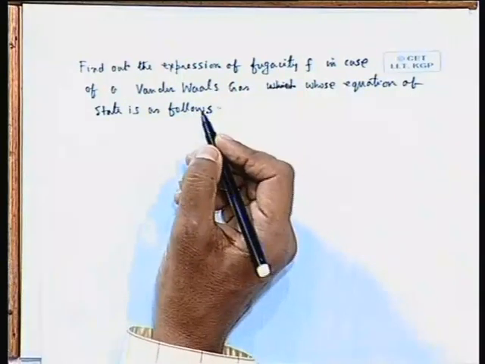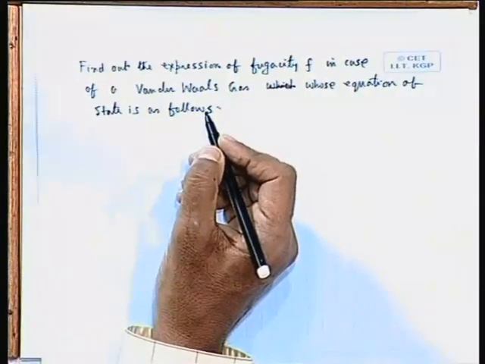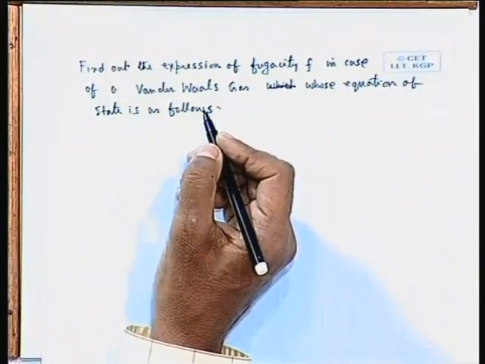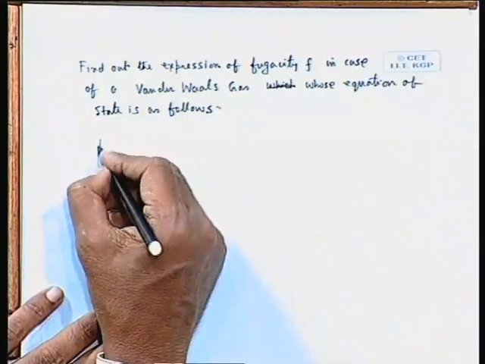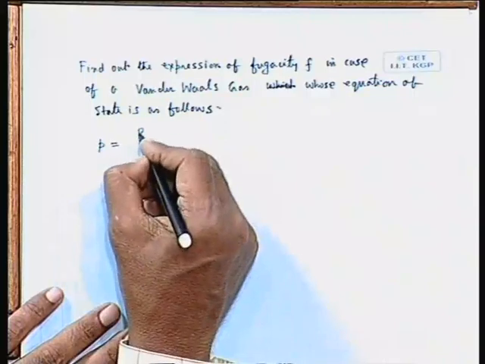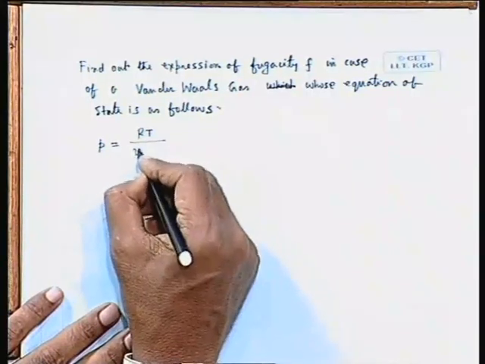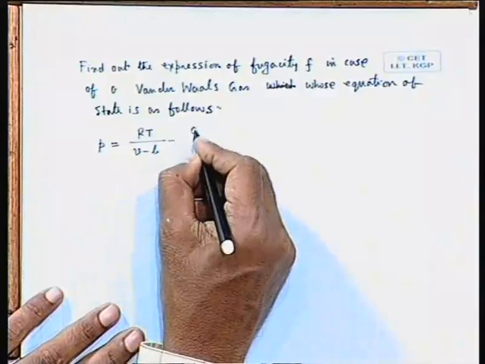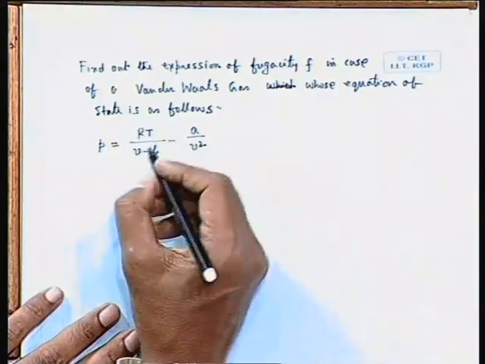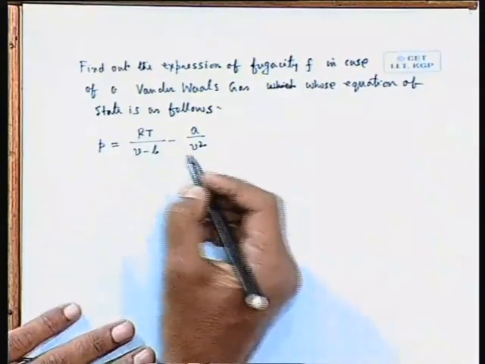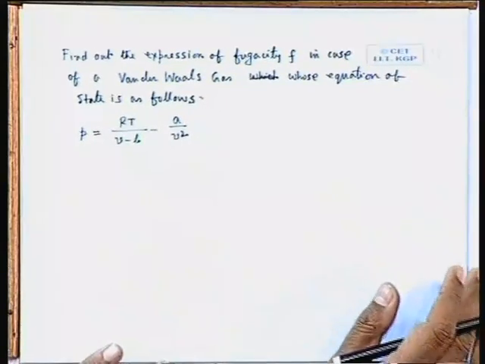Let us consider the van der Waals equation of state, which is given as P = RT/(V - B) - A/V², where A and B are the parametric constants in the van der Waals equation of state.